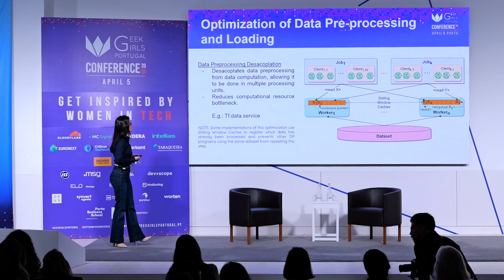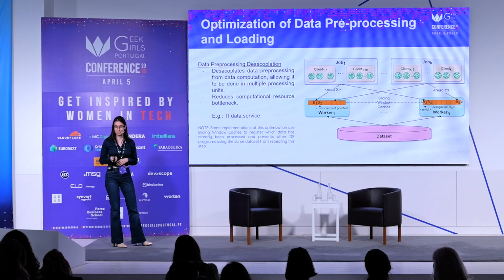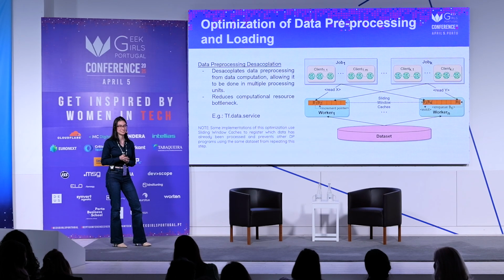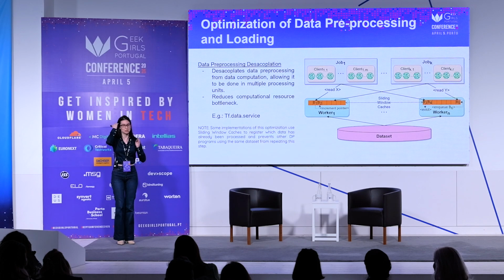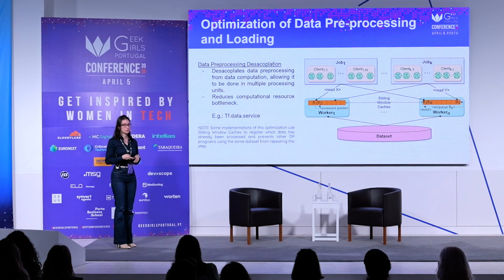Another process would be data pre-processing decomposition. What is this? Let's say that for each epoch of machine learning training, you will read the entire dataset. And every time you read, you'll have to decode and pre-process the data.